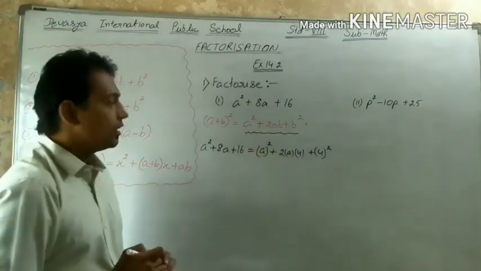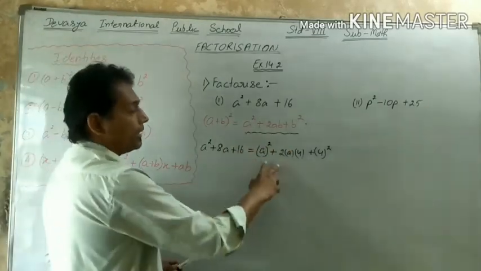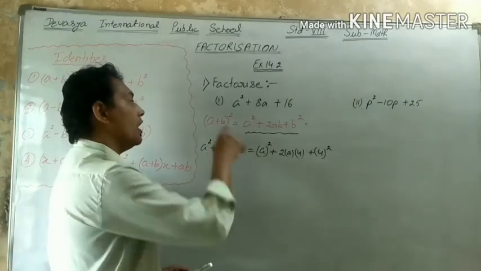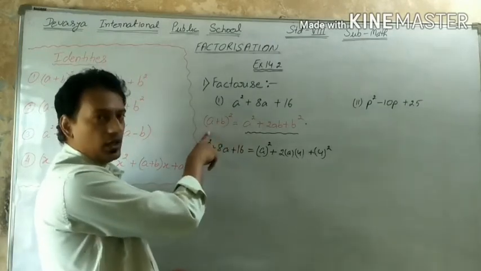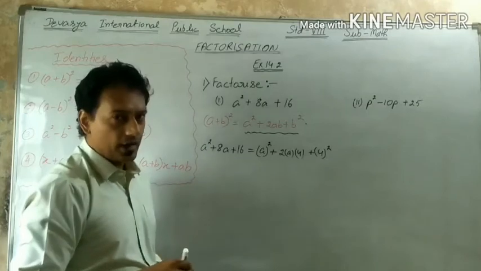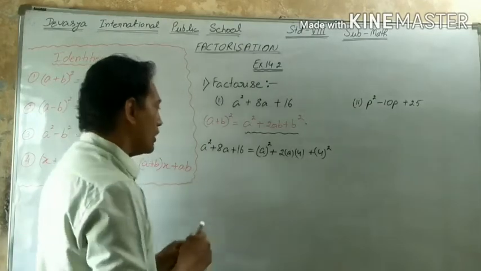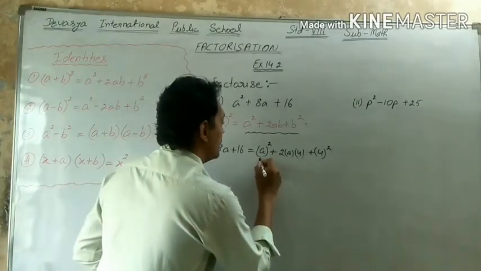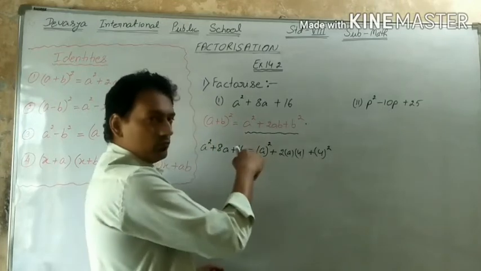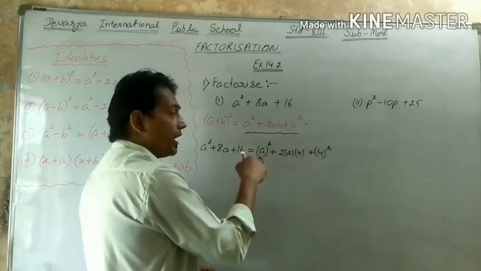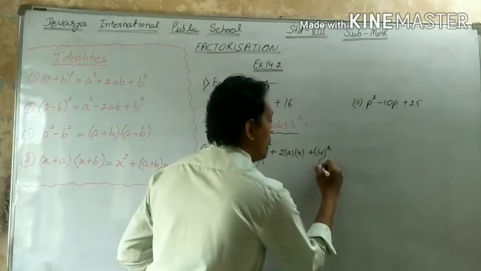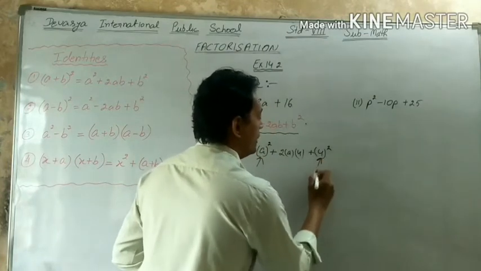We have modified it. Now, if the expression corresponds to the right hand side of the identity, then we get the desired factorization. Here we can clearly see this is a, the quantity in the first bracket, and the quantity in the last bracket is b.